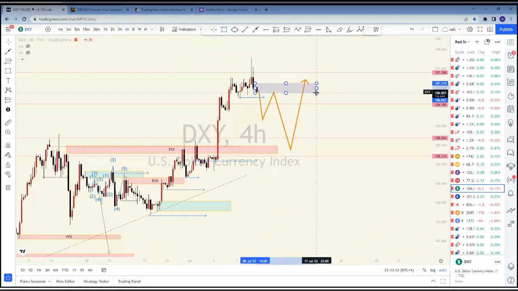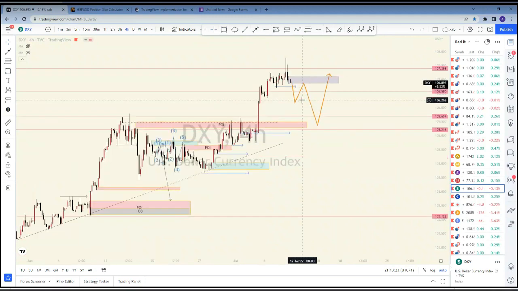So maybe here, let me reduce the thickness a bit. This would be my expectation on the DXY.